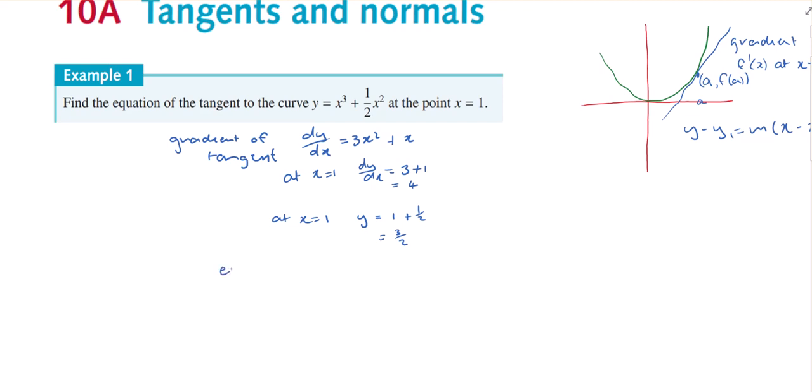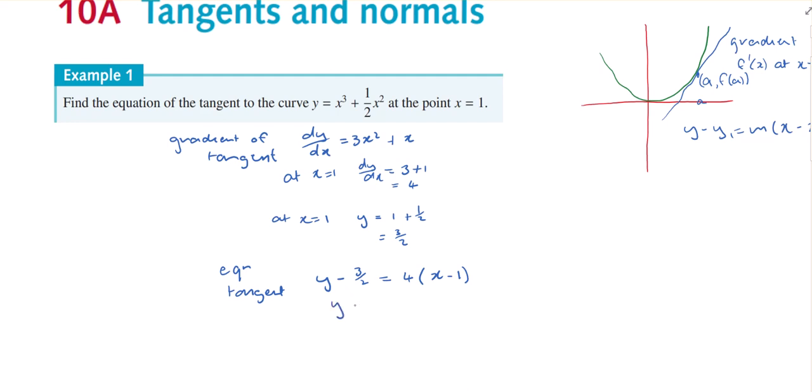So your equation of tangent is given by y minus y1, so y minus 3 on 2, equals m times, so m is 4, that was the gradient, x minus, and what was the x value? It was 1. And now we'll just simplify that a little bit.